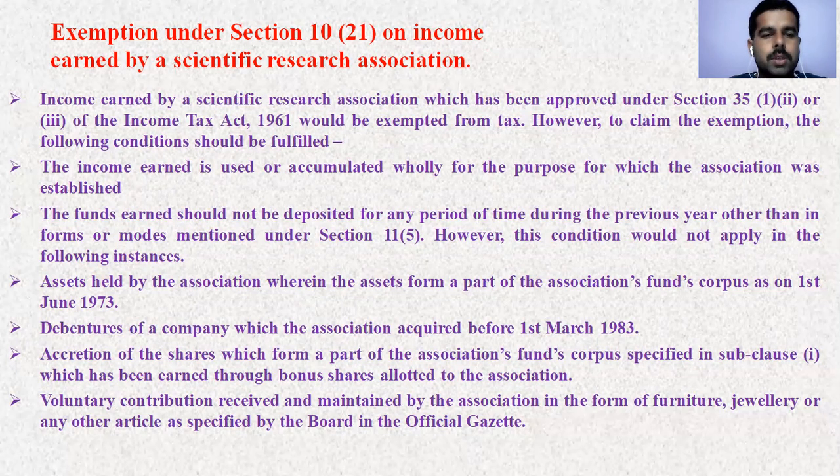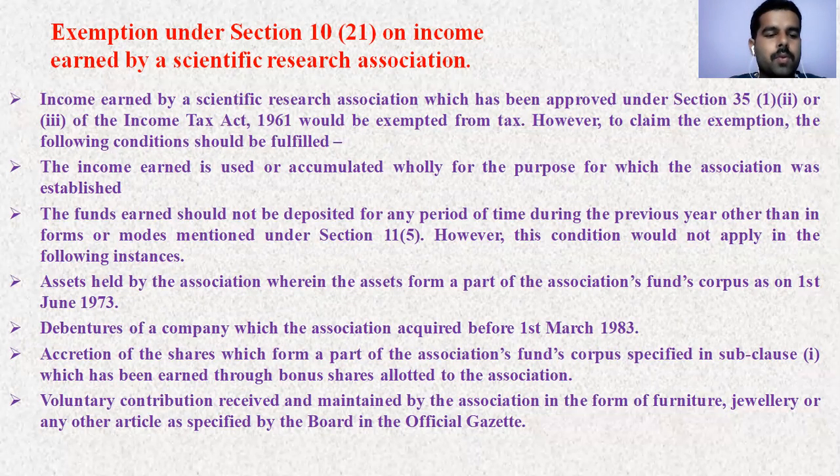Assets held by the association, wherein the assets form a part of the association's funds corpus on 1st June 1973, debentures of a company which the association acquired before 1st March 1983, accretion of shares which form a part of the association's funds corpus specified in such subclass, which has been earned through bonus shares allotted to the association.